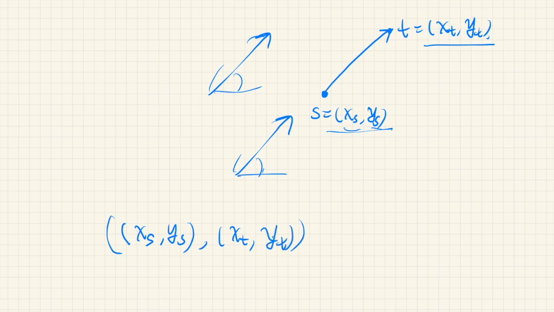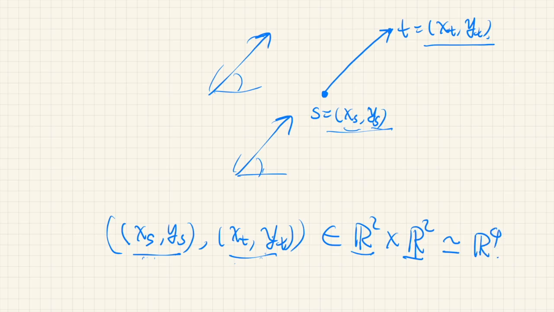So this pair of 2 points, xs, ys, and xt, yt, specifies an arrow in space. So this is an element of R2 times R2, which is similar to a 4-dimensional space, right? Because we have 2 real numbers here and 2 real numbers here, so in total we have 4 real numbers.